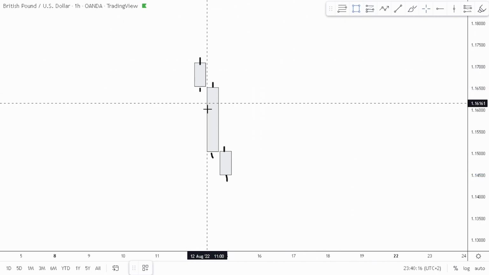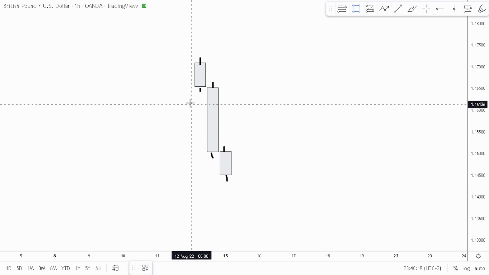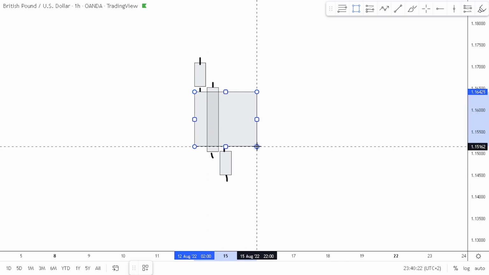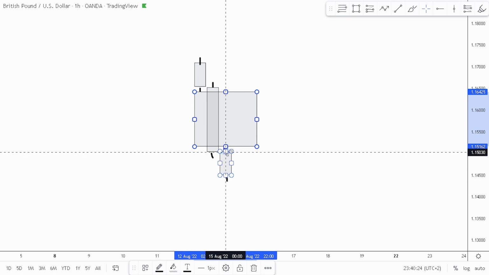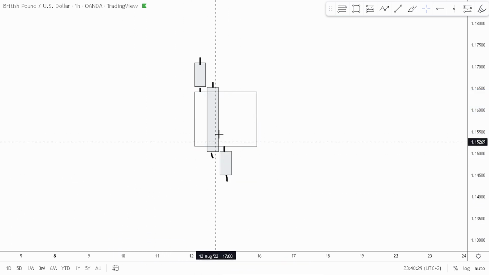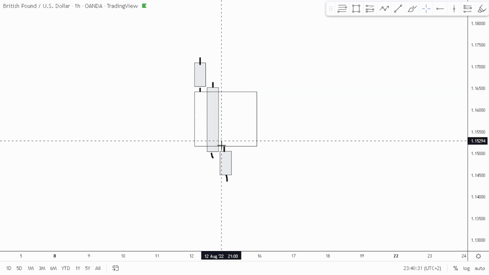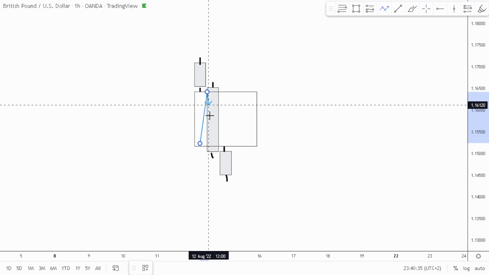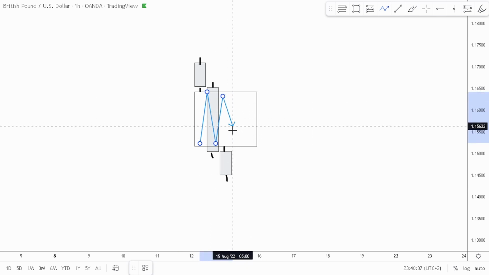If you look at your first, second and third candlesticks, right from the wick of the first candlestick up until the third candlestick's wick, and then you mark out those two levels from this level right over here up until this level right over here. This whole zone is what you call your imbalance.